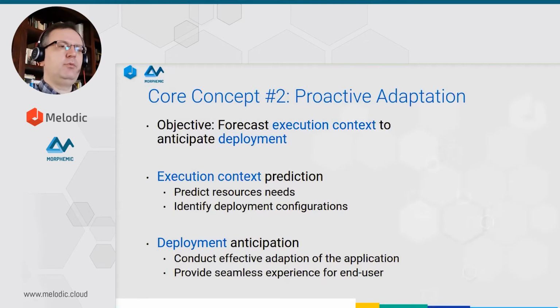The second novelty will be the proactive adaptation. Actually, Melodic is adapting to the current workload, to the current values of the metrics, but we want to make a step further into the future. So we want to adapt to the expected workload. We want to forecast the execution context and be able to make a reconfiguration anticipating, for example, the increase of the workload, an increased number of customers.